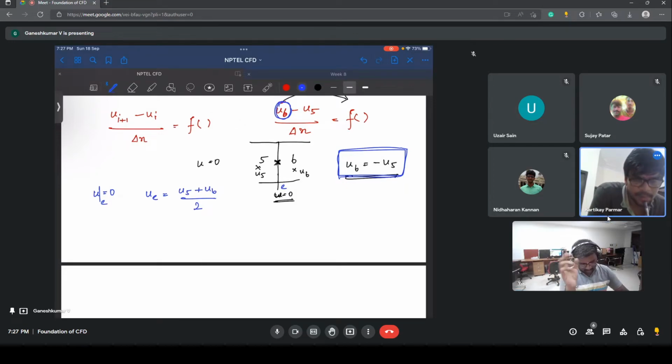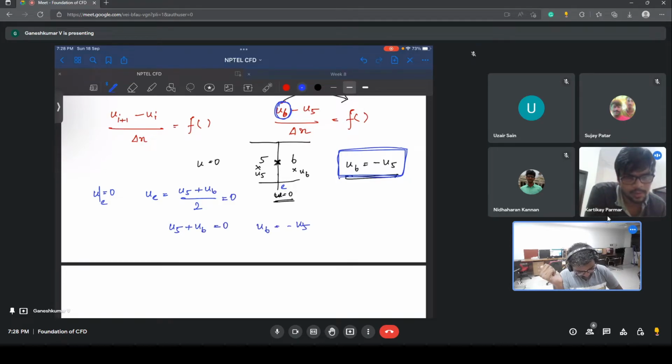From u5 to u6, if you linearly fit a curve, at the face you need a value, so (u5 plus u6) divided by 2 will be the value at u east. We know u east should be 0, so u5 plus u6 equals 0, which means u6 equals minus u5. Now you simply implement this in Ax equal to b, and you will get the solution. That is the reason we use a ghost cell.